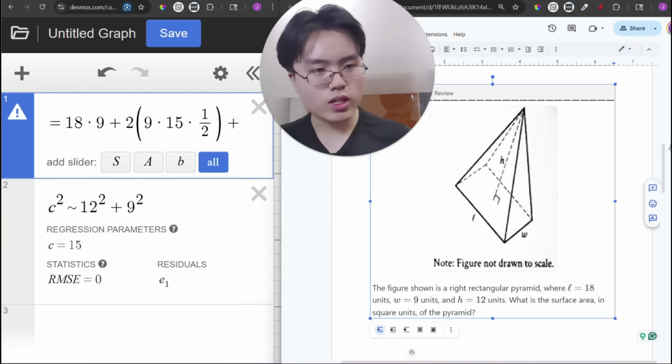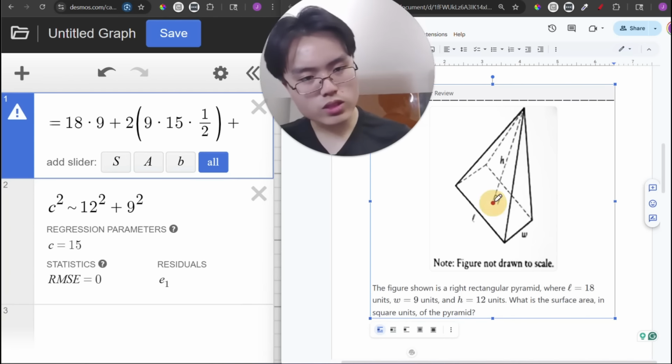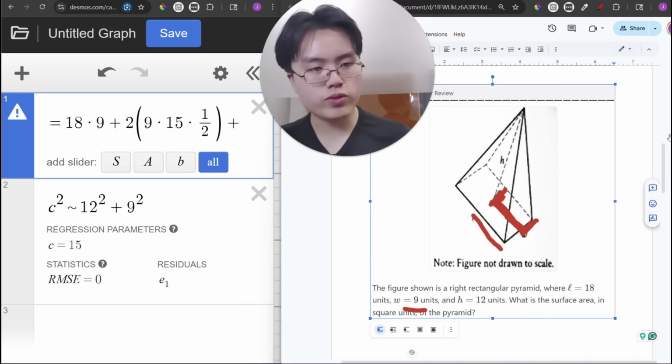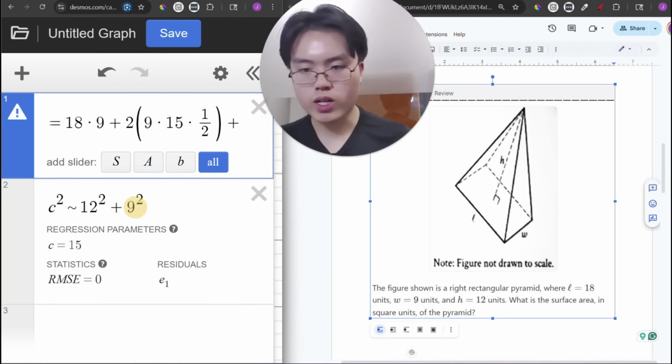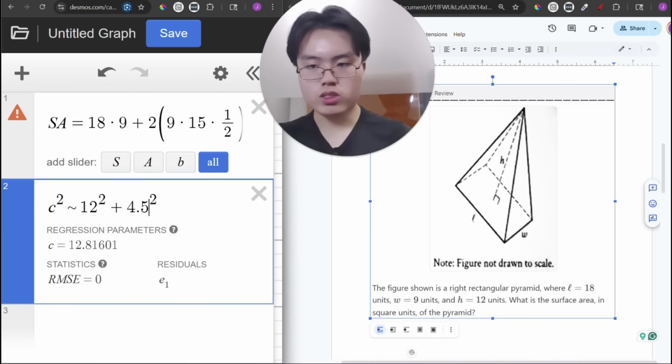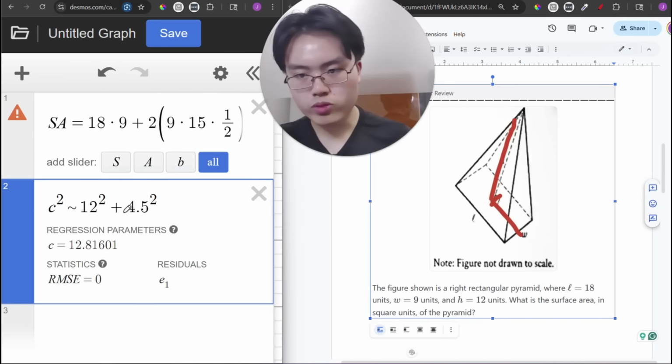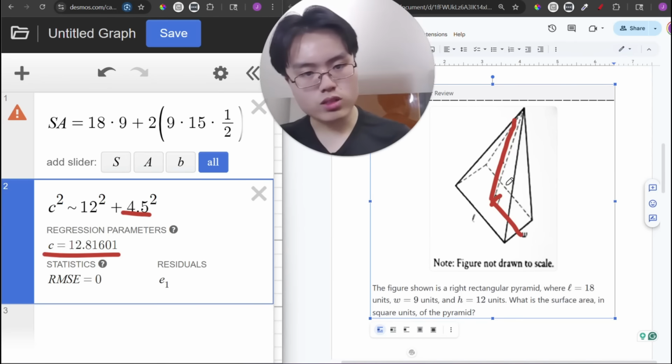The only difference is that the leg of the right triangle is now half of the width, not half of the length. Half of the width is 9, so it's 4.5. So instead of 9, we put 4.5. The height is still the same, it's just this thing that changed. That's going to give us the slant height of this side. Okay, so c.